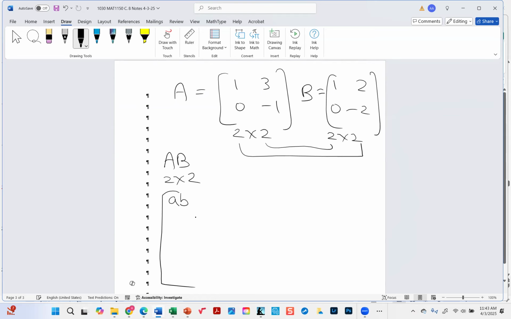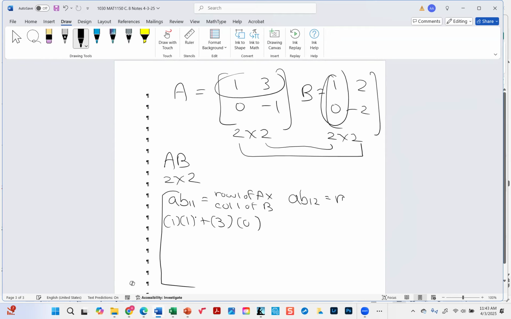The first element, which we call AB11, is the first row of A times the first column of B, which is these two: 1 times 1, 3 times 0.